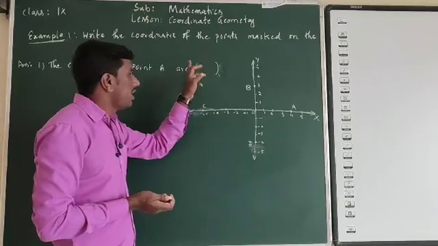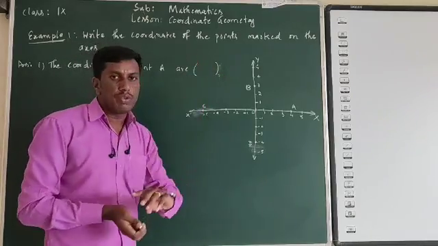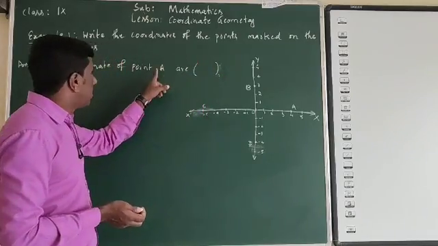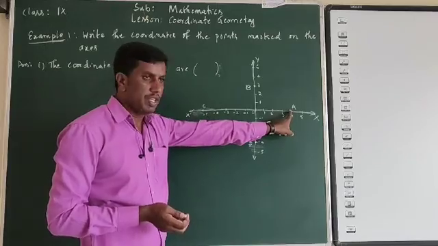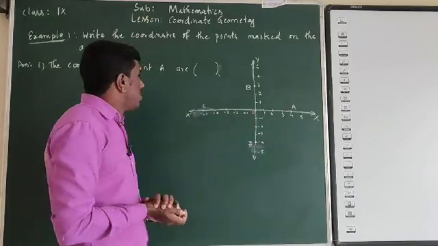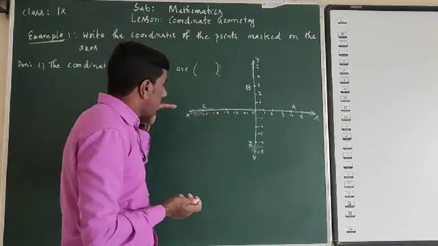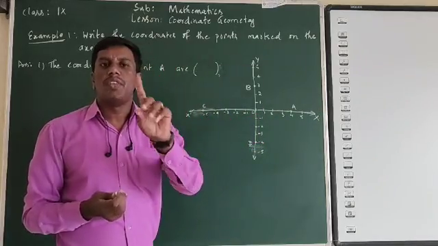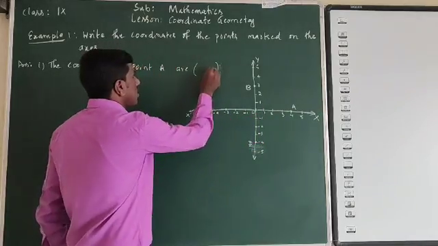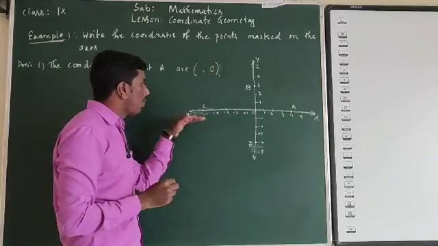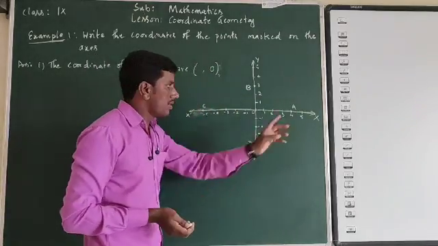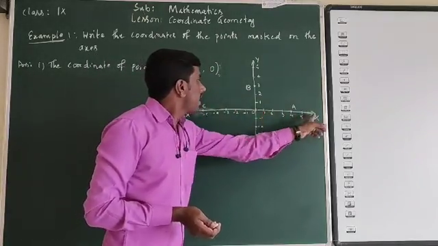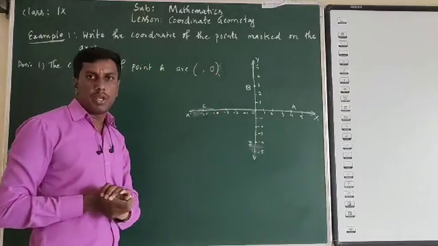The first one will be the x-coordinate, the second one will be the y-coordinate. Now, if the point lies on the x-axis, the y-coordinate or ordinate value will become 0. Point A lies on the x-axis, therefore the y value will become 0.